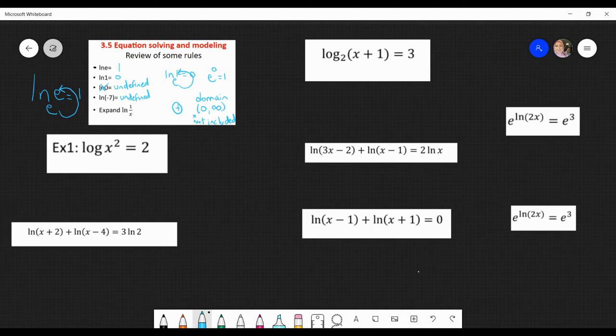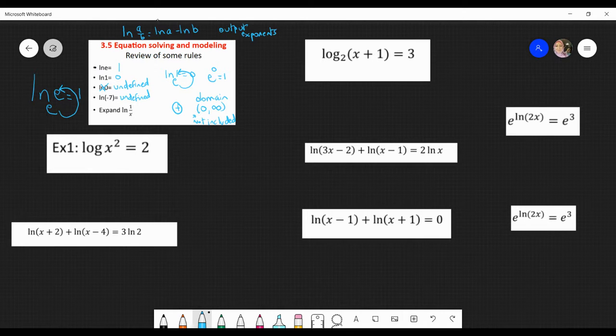Now this might be a little bit new. Expand ln of 1 over x. This is one of the rules that we want to embed. Ln of a over b equals ln of a minus ln of b. And a quick reminder, when we talked about log, we said the output is an exponent.